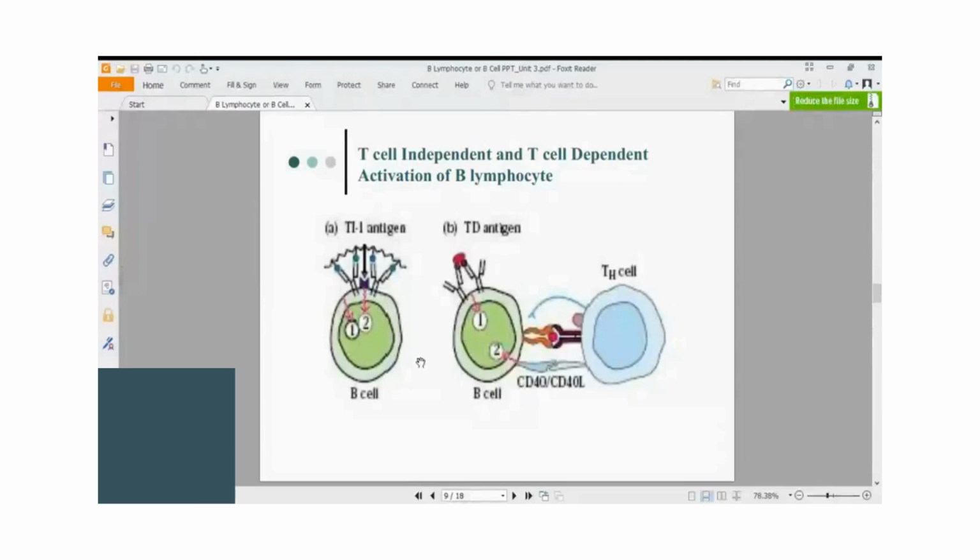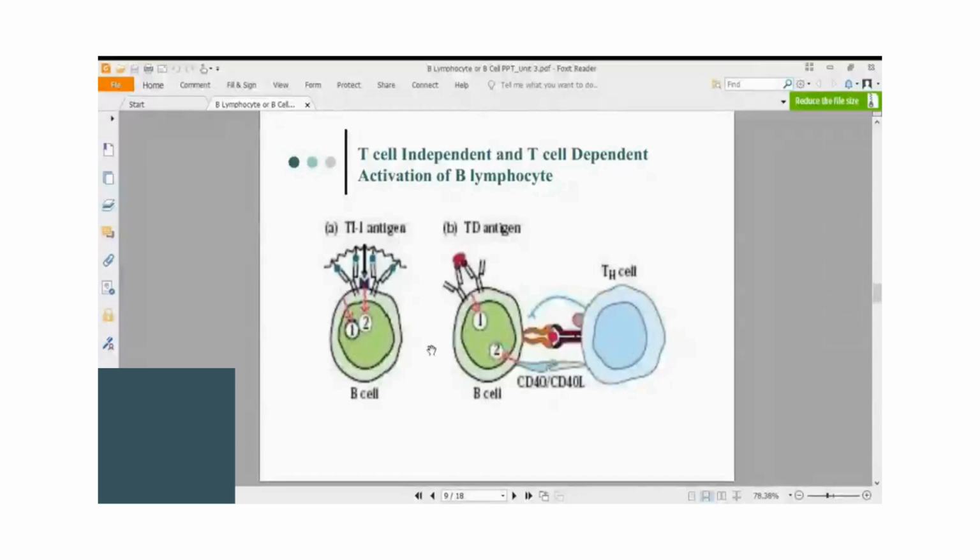Each immunoglobulin is grouped under one class, and there are 5 classes: IgG, IgM, IgD, IgA, and IgE. Now, if all these 5 classes of antibodies have to be produced, it will be only when the B lymphocyte is activated dependent on T lymphocyte, that is T dependent activation.